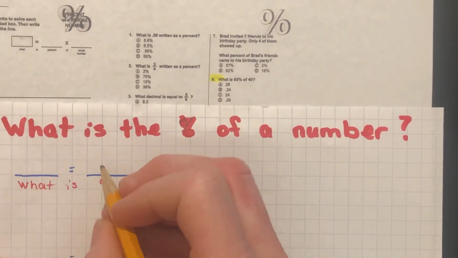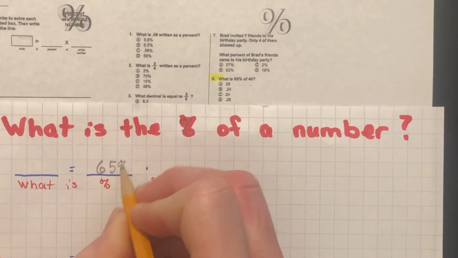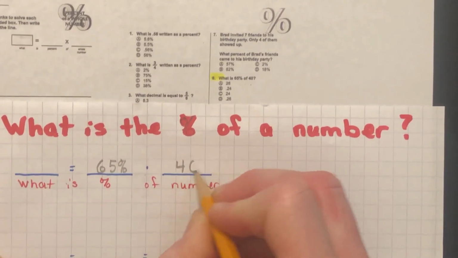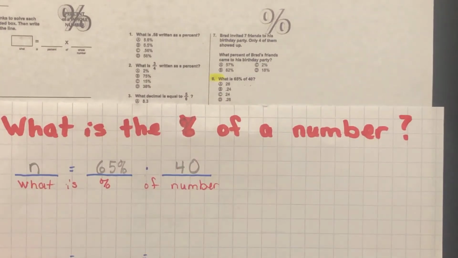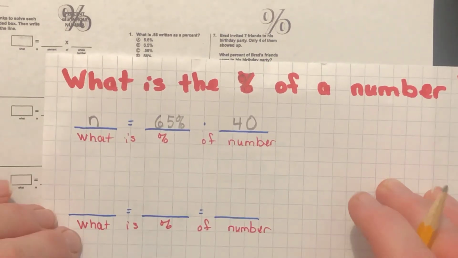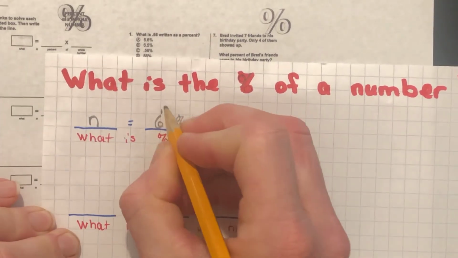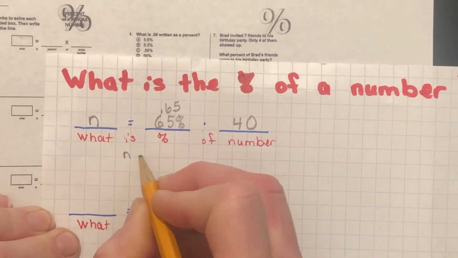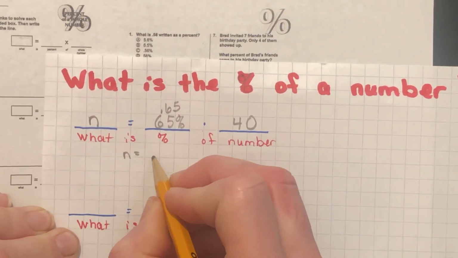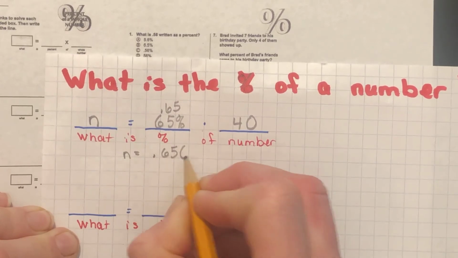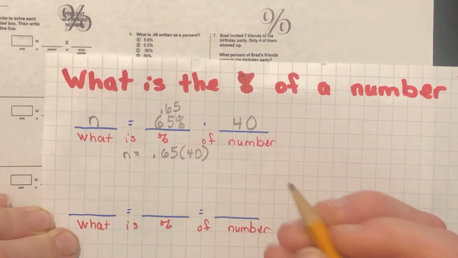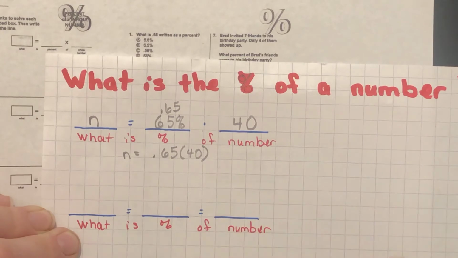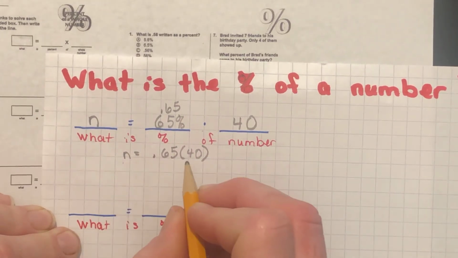What is 65% of 40? This is what we don't know. I will change this to a decimal. And I'll copy down what I have to be an equation. N equals 0.65 times 40. This really isn't much of an equation, is it? Because I have a variable here and terms here.